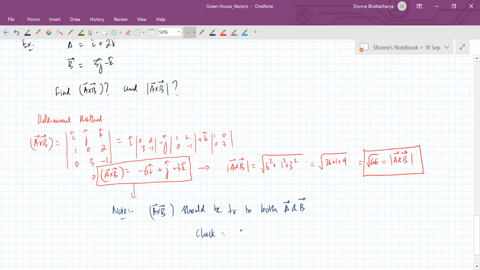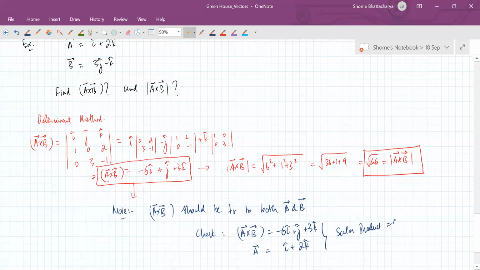So check the vector A cross B, which is minus 6 i cap plus j cap plus 3 k cap, and the vector A which we had was i cap plus 2 k cap. Okay, their scalar product is 0, so therefore they are perpendicular.